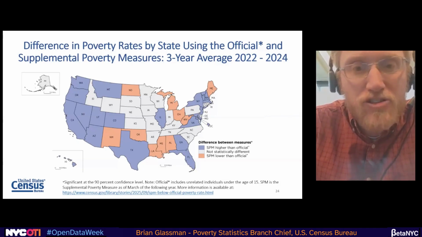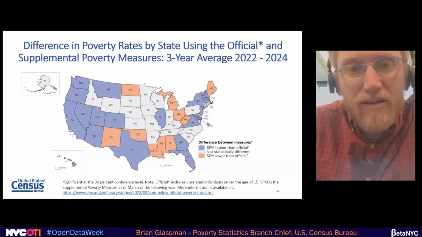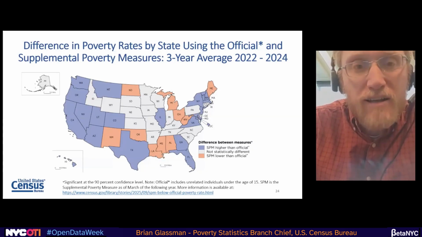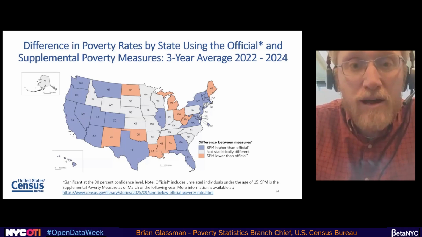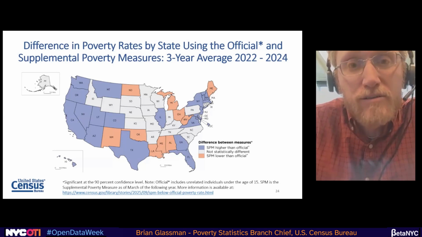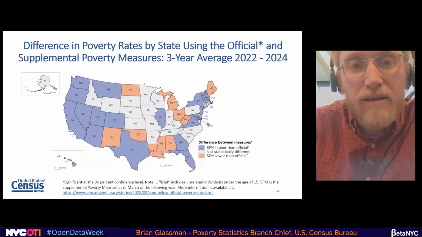Yeah, no, this is just showing the different states where the SPM is higher than the official, where it's not, we cannot say that it is different. So we would say not statistically different. They numerically might be a little bit apart, but all of these rates have error along with them because they're survey estimates. And then where the SPM is lower than the official.